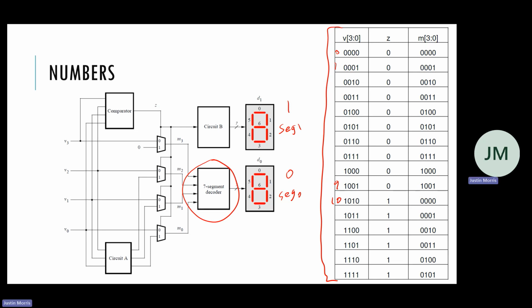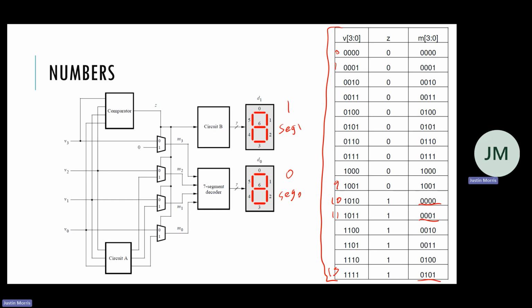So we can see that M turns into 0. Then for 11, it turns into 1, all the way up to 15, where it turns into 5. So basically, anytime V is 10 or greater, Z is equal to 1.